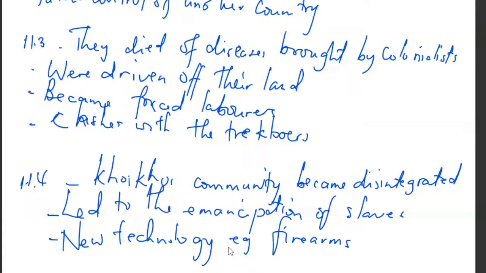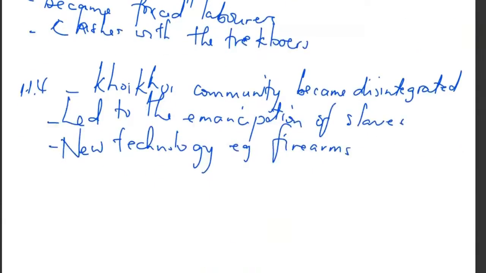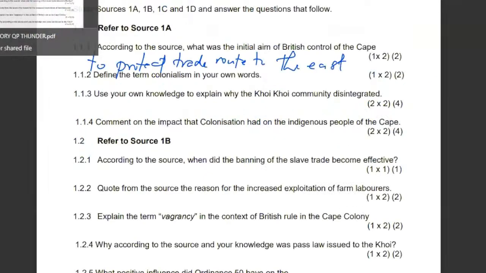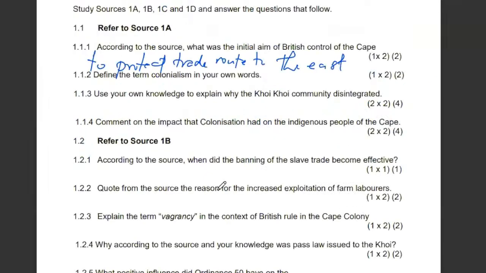But because of the coming of the whites, they brought with them some technology including firearms, which made it a little bit easier for the African societies to go through their daily activities like hunting. Right. So if the question is saying impact, impact can either be positive or negative. Here we've looked at the negative side, and also we've addressed the positive side of the colonization that happened in the Cape.